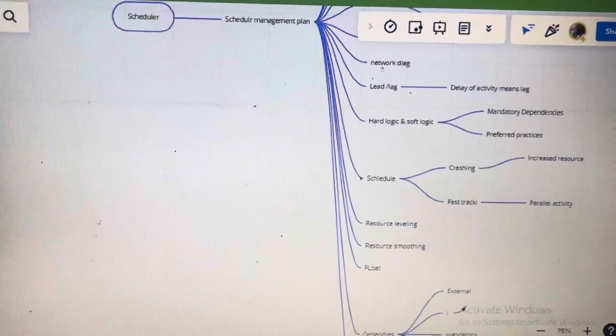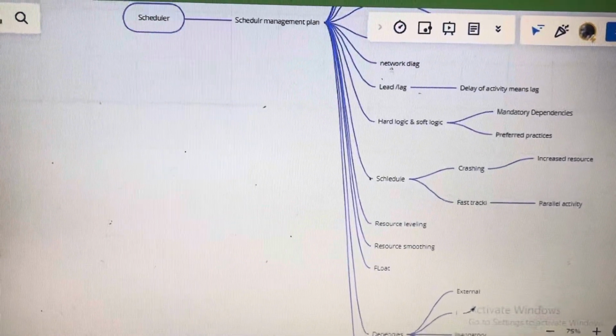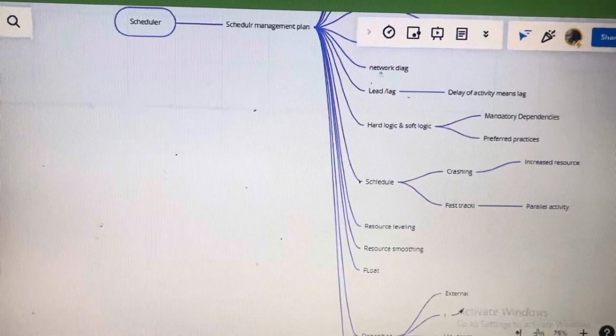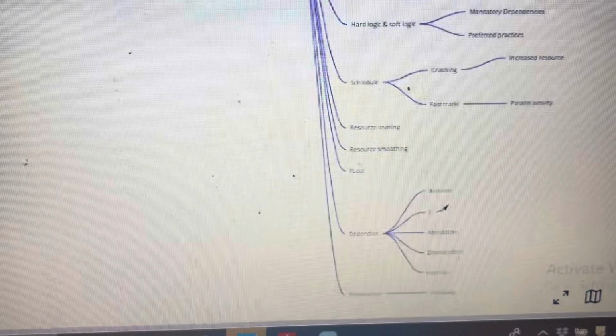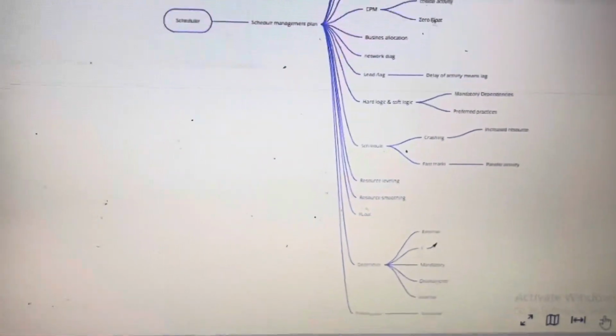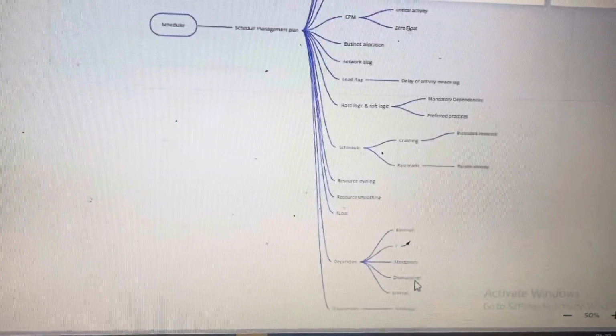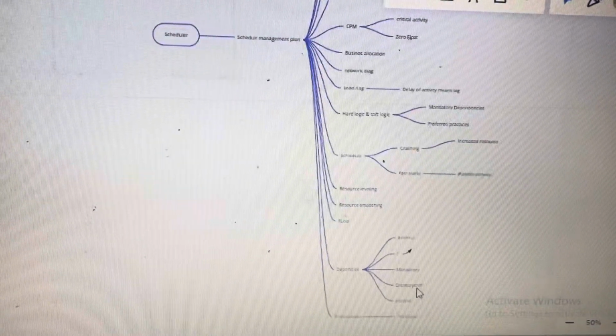Then resource leveling, resource smoothing, float. Then we talked about dependencies, such as external, internal, mandatory, discretionary, and then predecessor and successor.